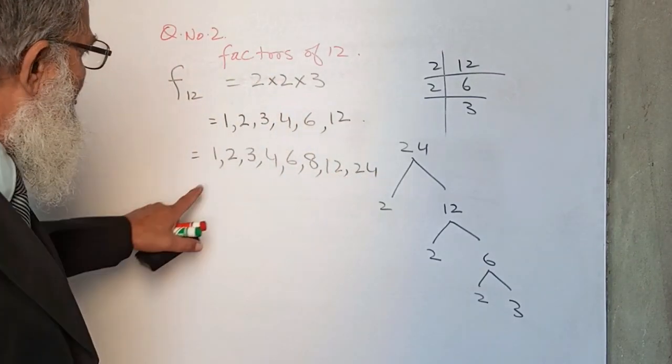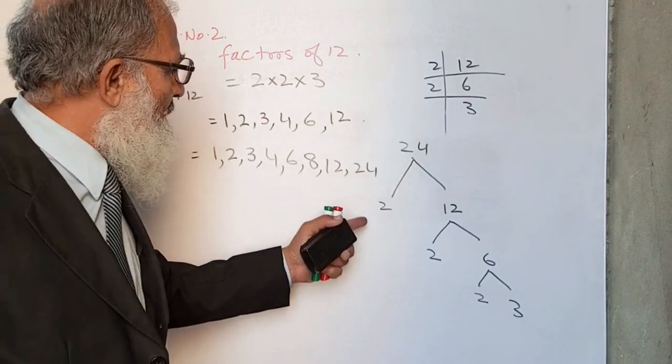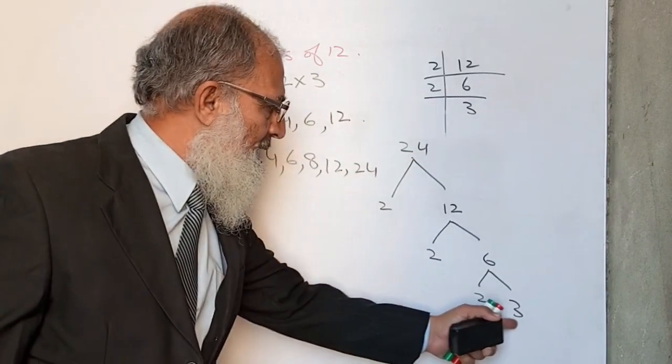So these are the total factors for 24, which I have found with this tree diagram.